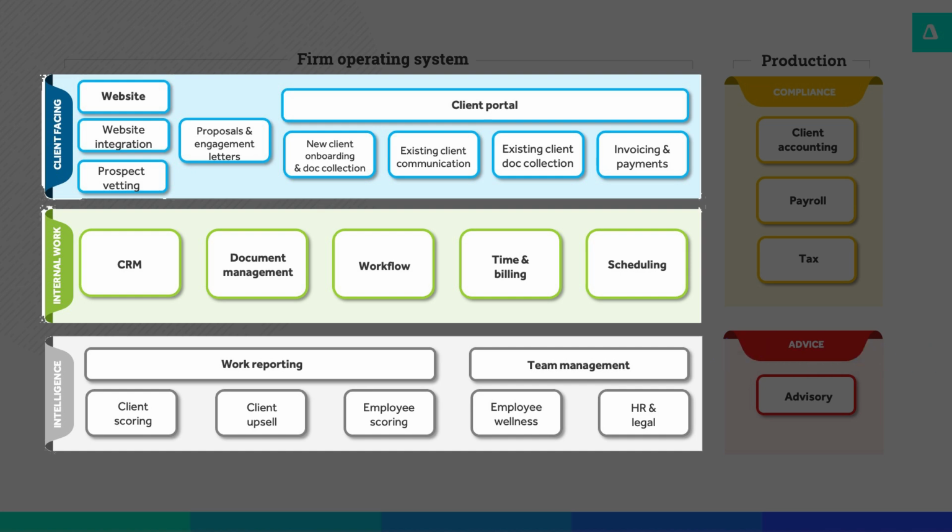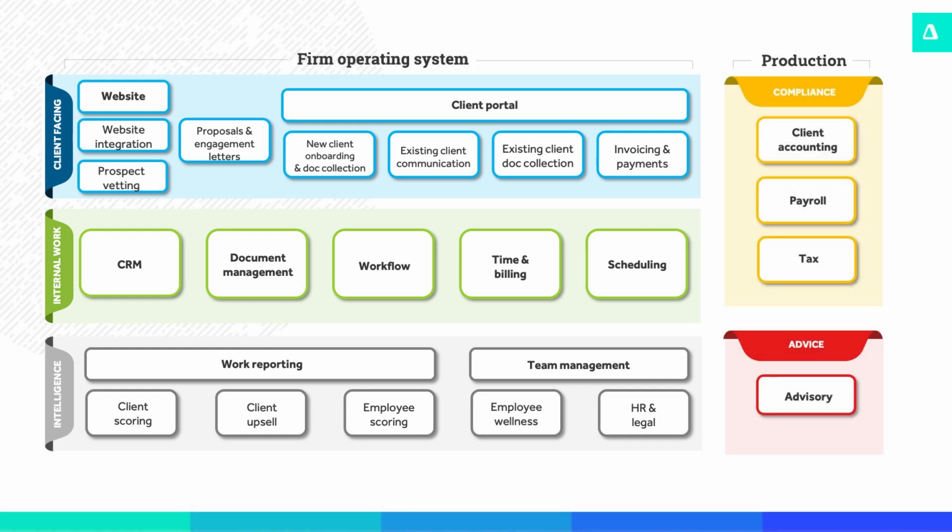There are lots of different point solutions that have solved this problem. But in just a bit, Armin is going to show you a demo of how this stuff is coming together in a firm operating system, simplifying the firm operating system side of your practice. Does that make sense? Yeah, it makes a lot of sense.